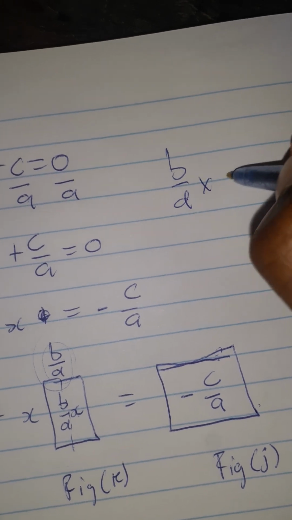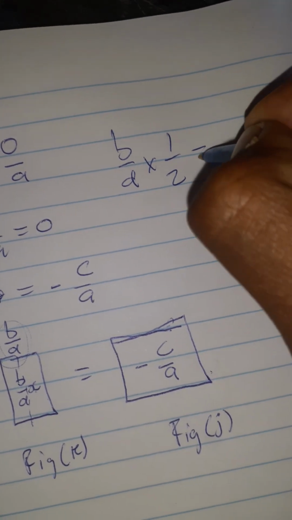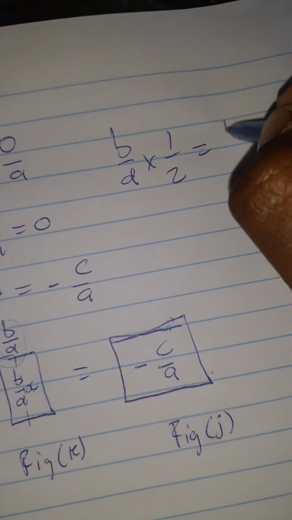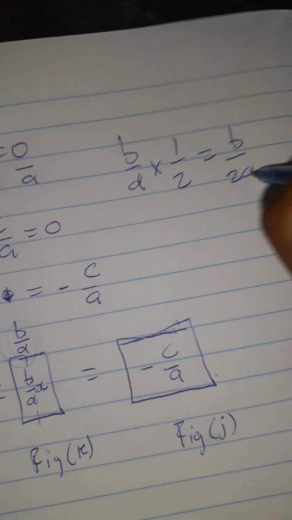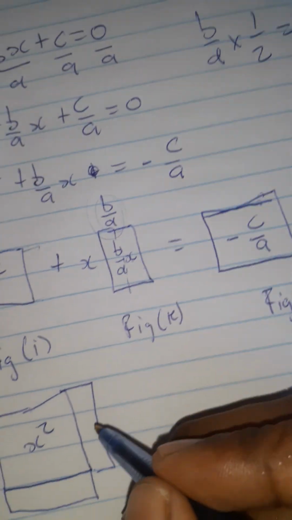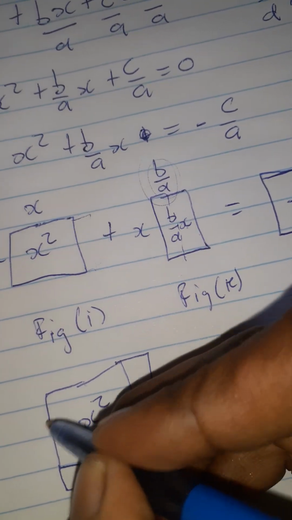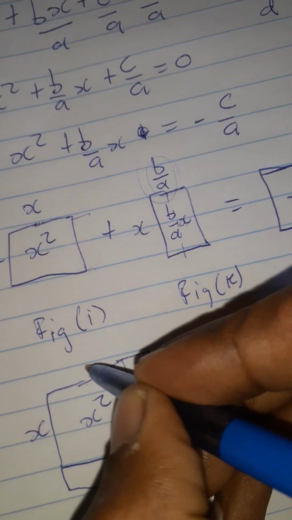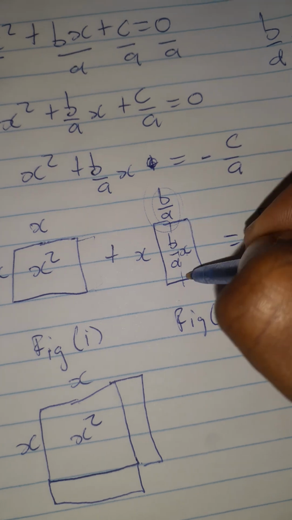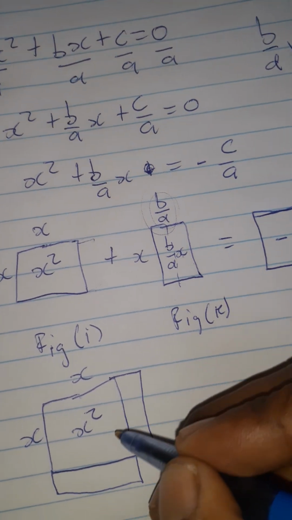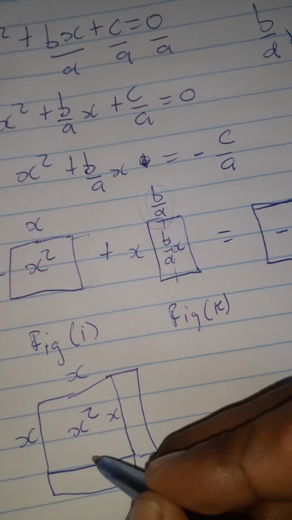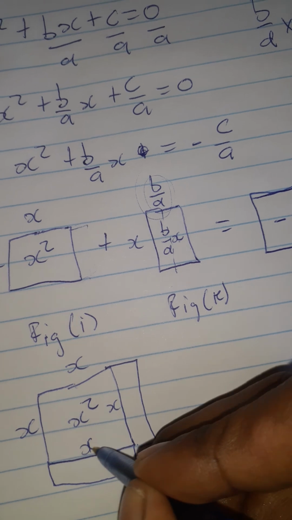Now to halve this, we're simply going to multiply by 1 all over 2, and we're going to result with b all over 2a. Now we are going to label our sides. Going to have x here, going to have x here. Now when we halve it, our length is not going to change. We're going to have x here, and we're going to have x here.